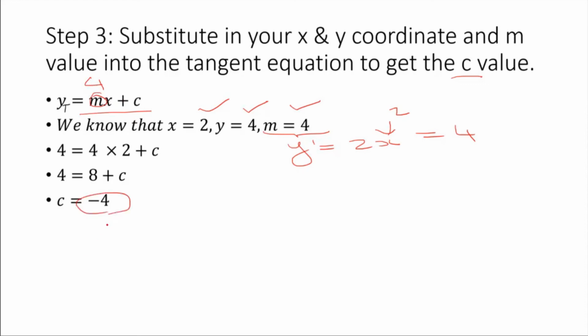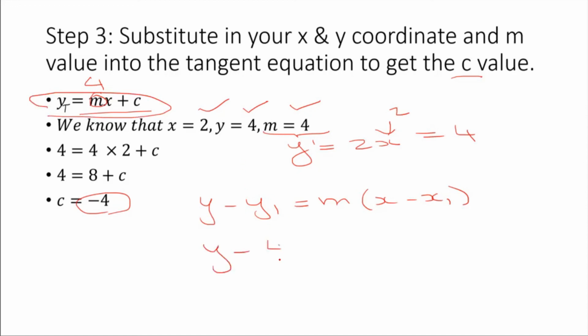There is another way to solve it, which you'll see in your textbook, and that works as well. You go y minus y1 equals m times x minus x1, which is just another form of this equation. Your y1 is your y coordinate, your m is 4, and your x1 is your x coordinate.